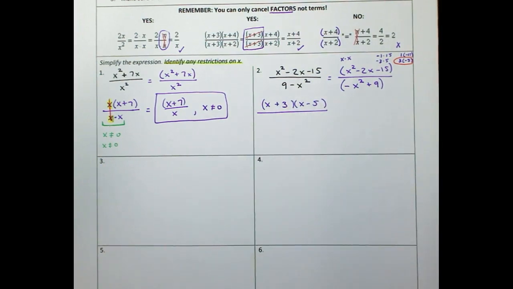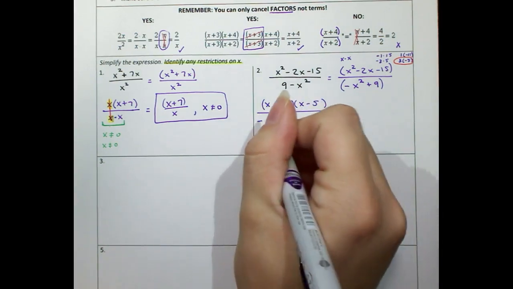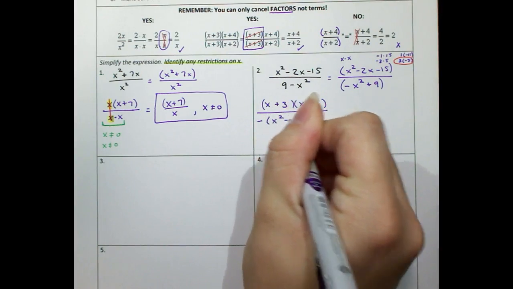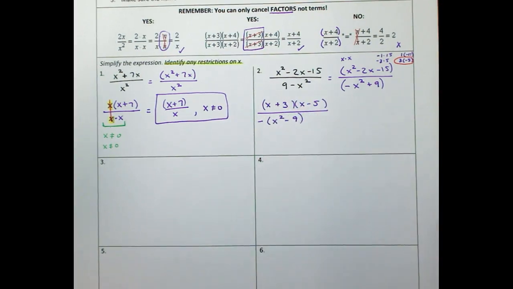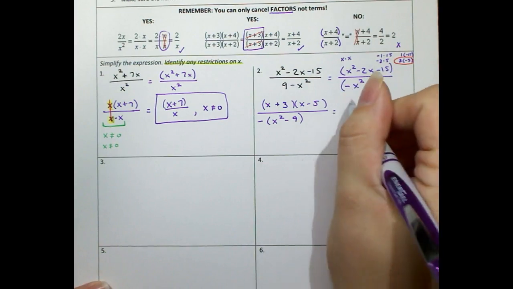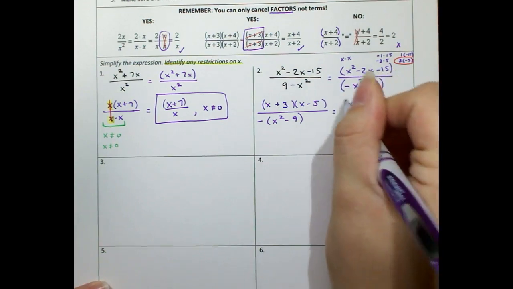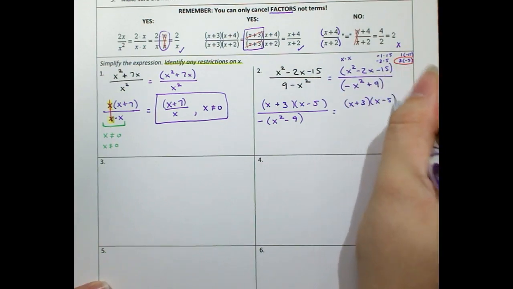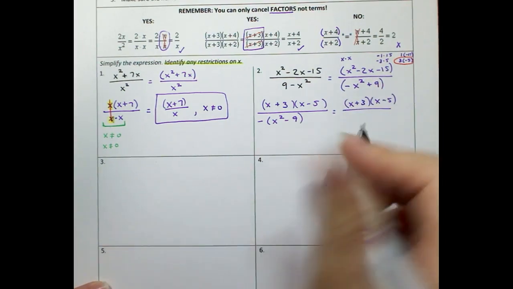Now, negative x squared plus 9. The first thing we want to do is remove the negative. So negative, x squared minus 9. All right, that's useful. So now, again, we're going to continue factoring. So this is going to end up being x plus 3, x minus 5 on top. On bottom, we have negative.